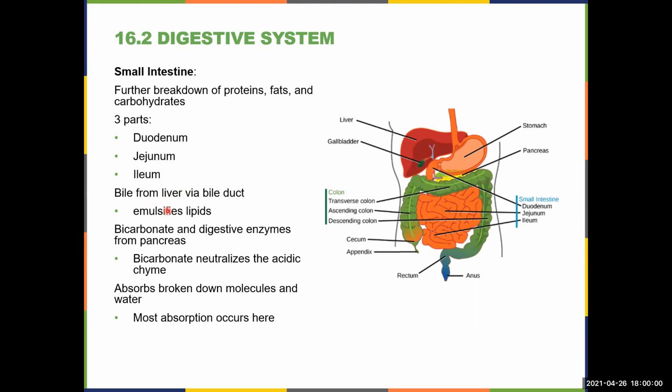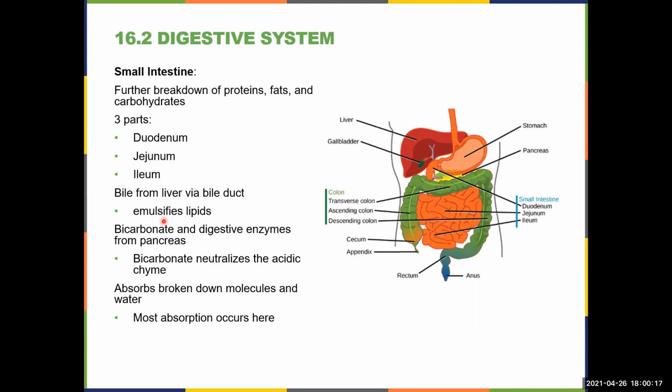And the bile has these bile salts that will basically emulsify lipids and help to break those lipid globules down so that they can be moved across the cell membrane.